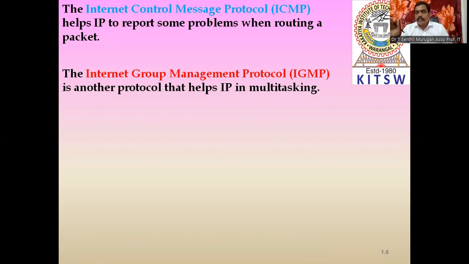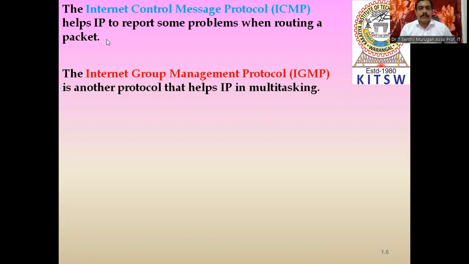Normally in the data link layer and physical layer, there are no separate protocols. There are default protocols for error control and flow control, like the simplest protocol and selective repeat protocol. But in the network layer, different protocols are there for different purposes. So now we have discussed ICMP and IGMP.